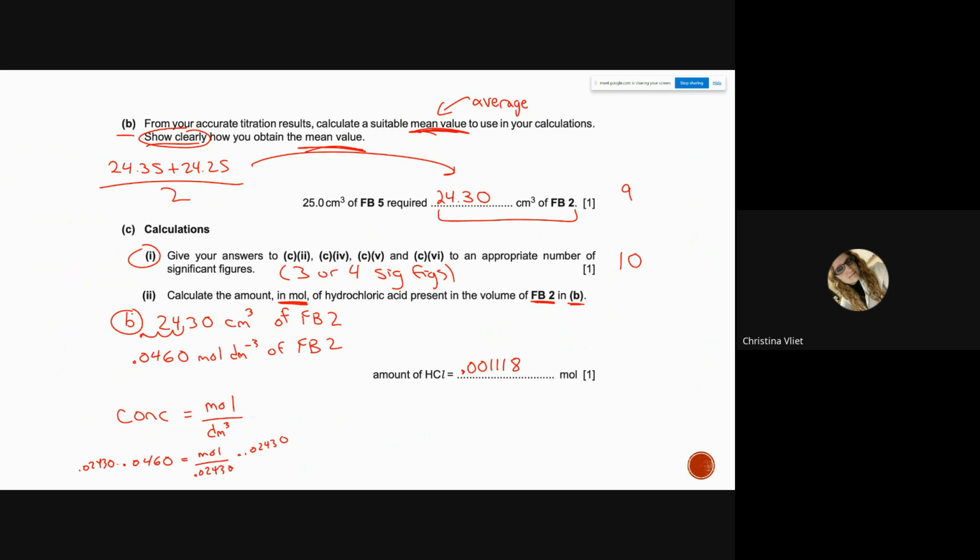I just did it again and got the same thing. Did you all get that? Yes. Go ahead. Or 1.12 times 10 to the negative 3 if you want to go that way. Your choice, right? Scientific notation or not.